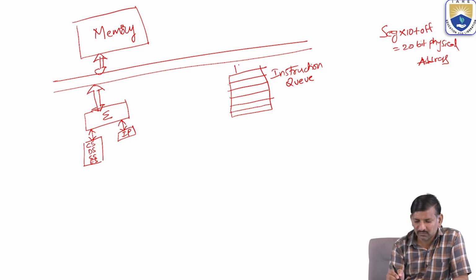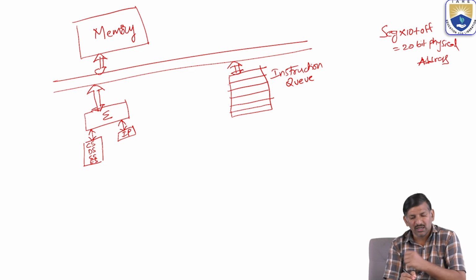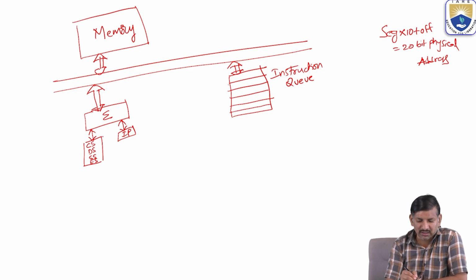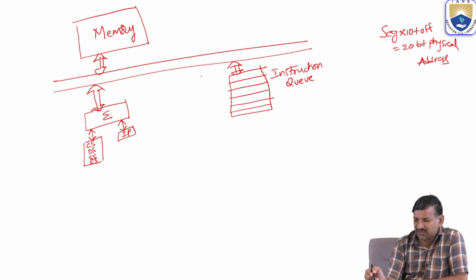First, I get the offset address from the instruction pointer and the segment address from the segment register, and calculate segment address into 10 plus offset address. I get the 20-bit physical address, go to that memory location and access the instruction.